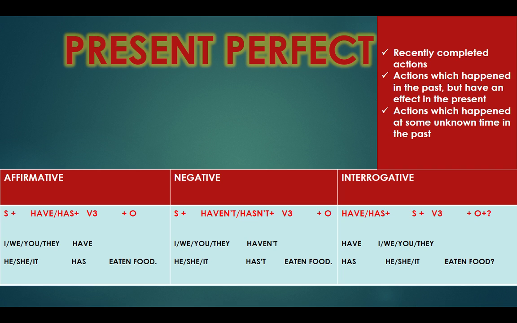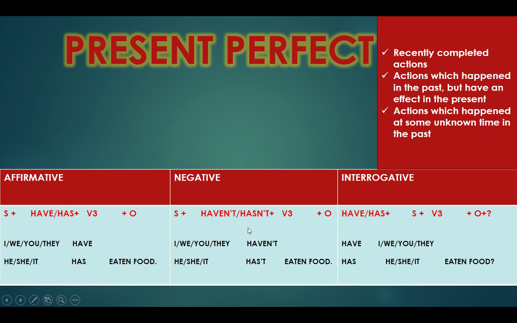If you have experienced something and you want to ask about it, or you want to share it, that will remain as an experience. So for sharing your experience, you use present perfect tense. All right, enough of that.